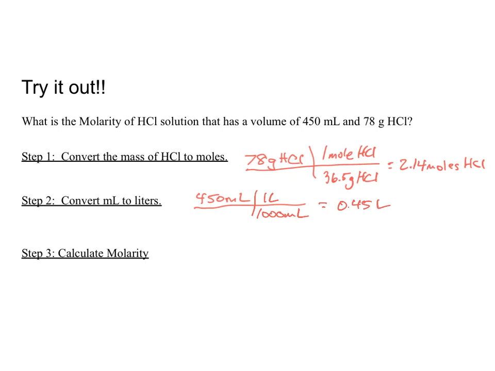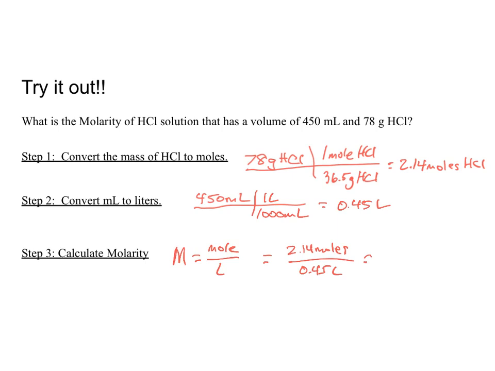So I end up with 0.45 liters. My last step then is to plug this into the equation. Remember, molarity is a capital M, moles over liters. So I'm going to take 2.14 moles and divide it by 0.45 liters.